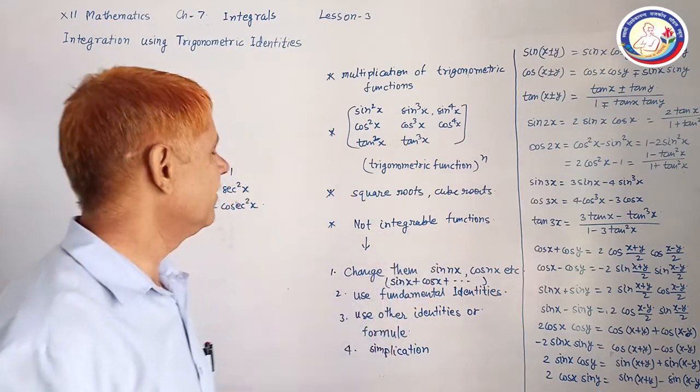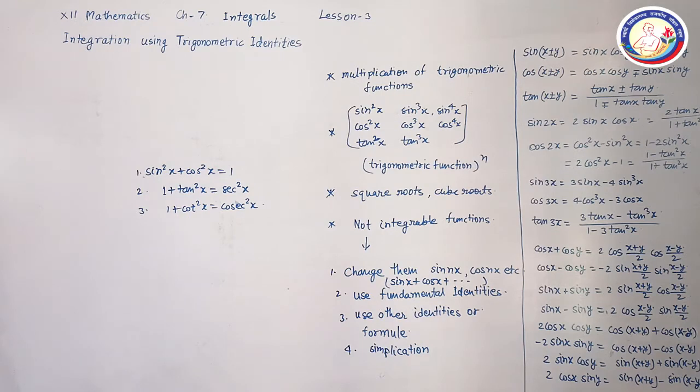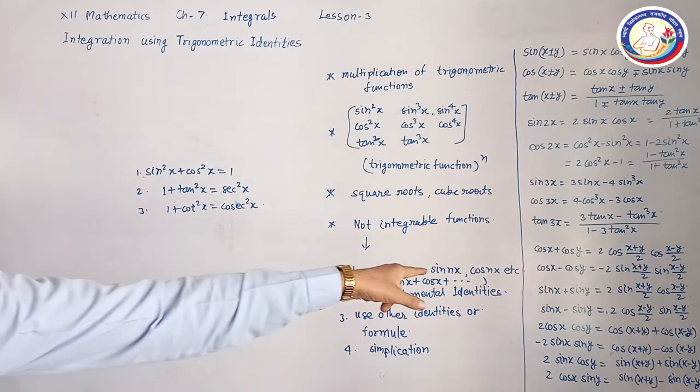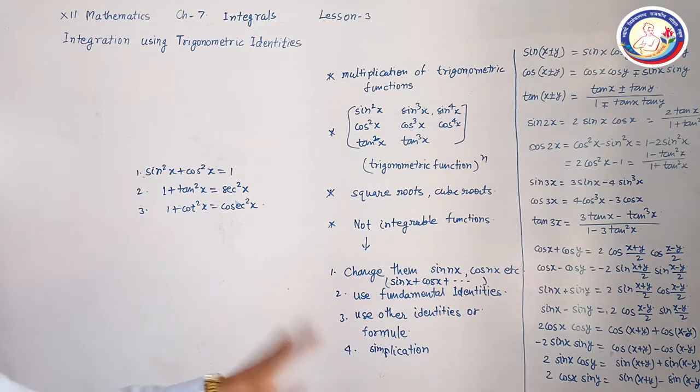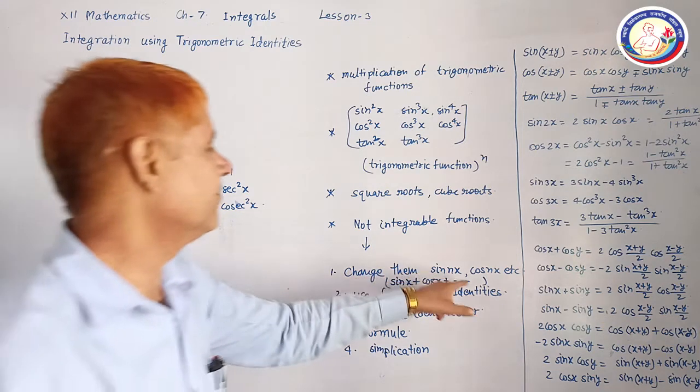So our aim will be, first of all, to change the given function, if possible, into sine nx, cos nx or tangent nx form. Those powers are not integrable, so we will change the functions into this form.